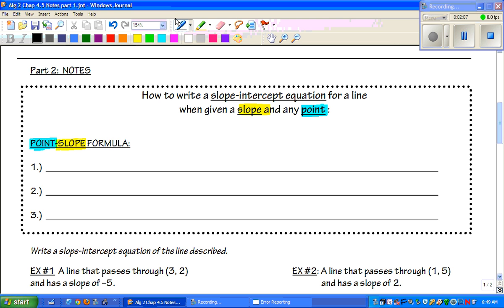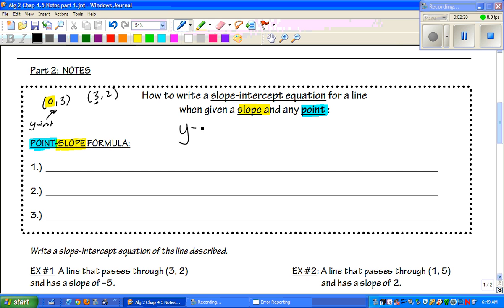Normally we give a point that looks like this, and this is the y-intercept because 0 is the first number. Now we're going to be given points like this, where 0 is not the first number, and this is when we use the formula.